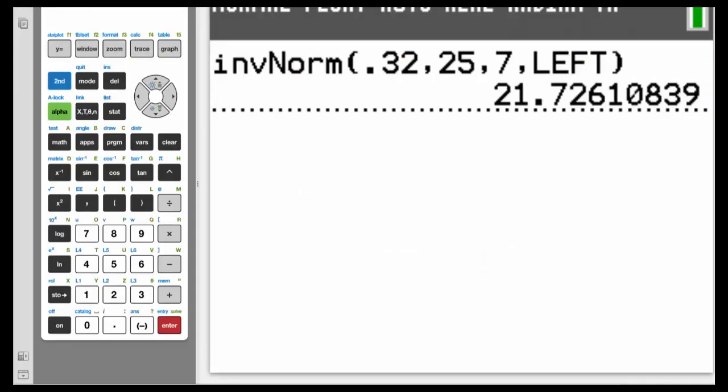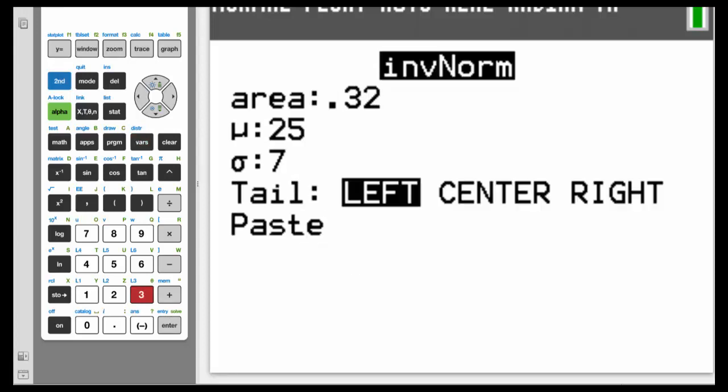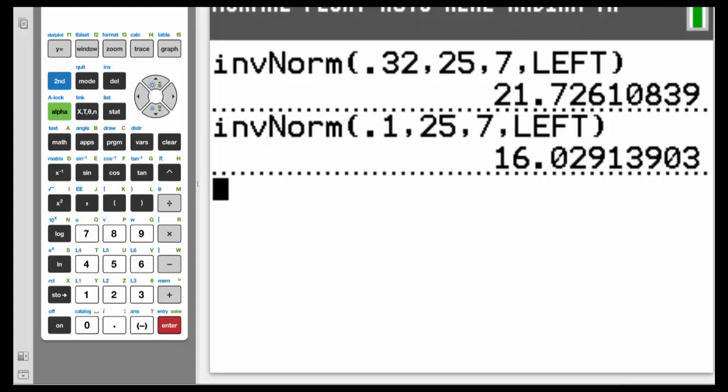So how do we put this in the calculator? Second, vars, go down to inverse norm, which is number 3. We'll do the lower one first. We'll change this to 0.10, hit enter. 25 stays the same, 7 stays the same. For the tail, I'm still going to do the left, so hit the down arrow, highlight, paste, hit enter. And that's going to be 16.0.